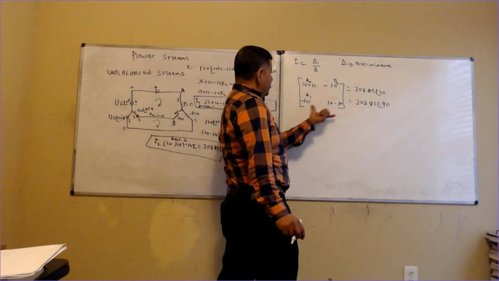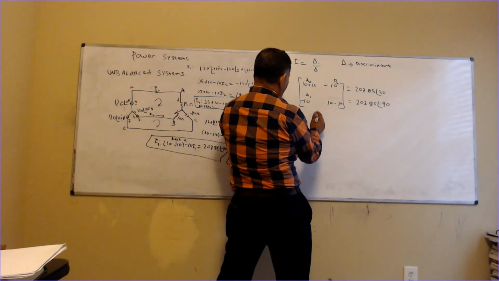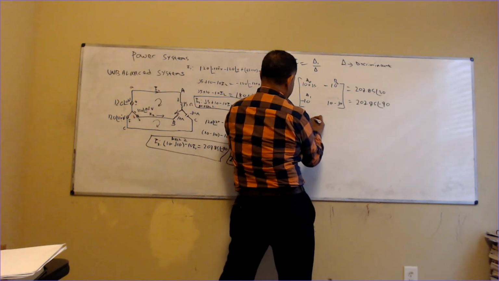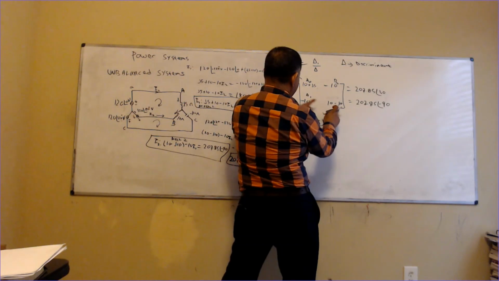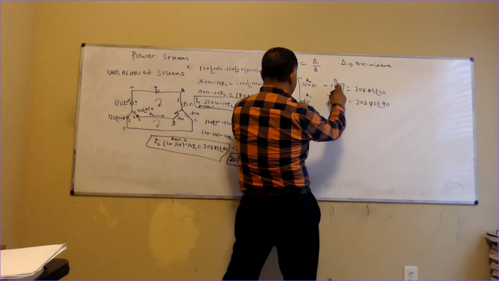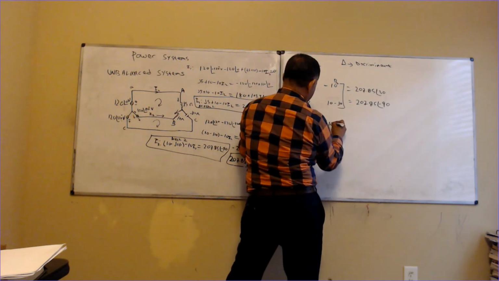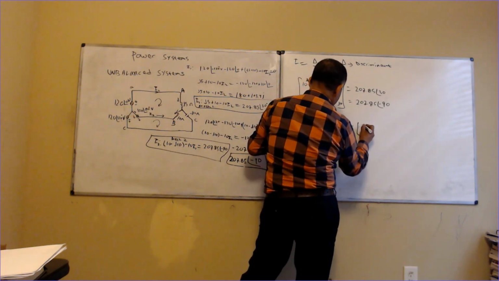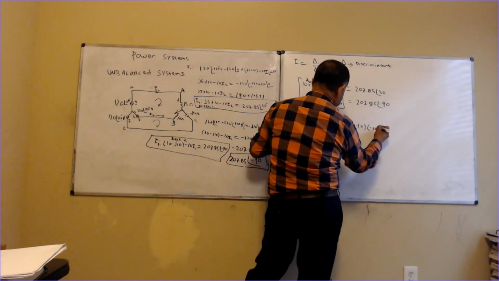So when we do this, we get this: 10 plus J5. And I'm going to multiply this times this minus this times this. So it's going to be 10 minus J10, and then right here I'm going to do negative 10 times negative 10.